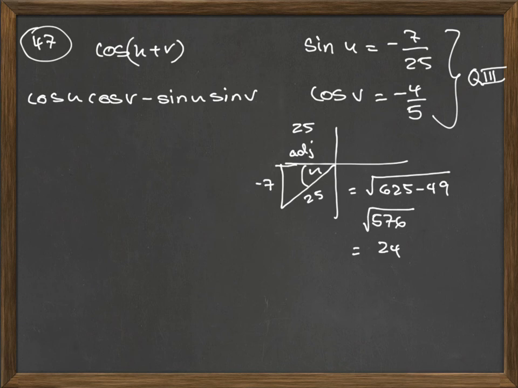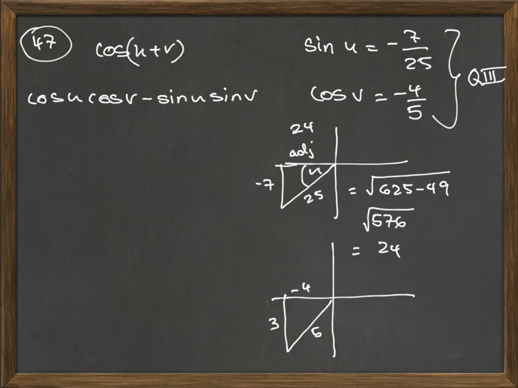And I write 25, but I'm going to do the same again. We're still in quadrant 3 with cosine of v, negative 4/5, and of course this is 25 minus 16, this is 9, so this has got to be 3. And this is actually a negative, and this will be a negative. Okay, so the cosine, what angle is that? V. I don't like the V and the U, they look the same.